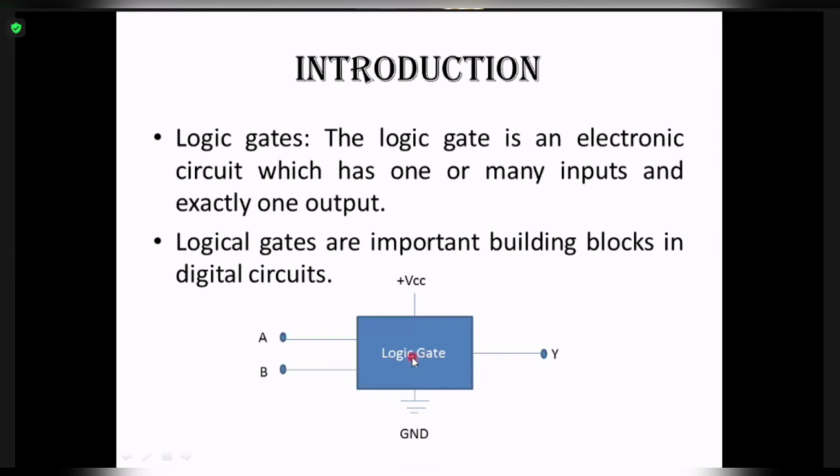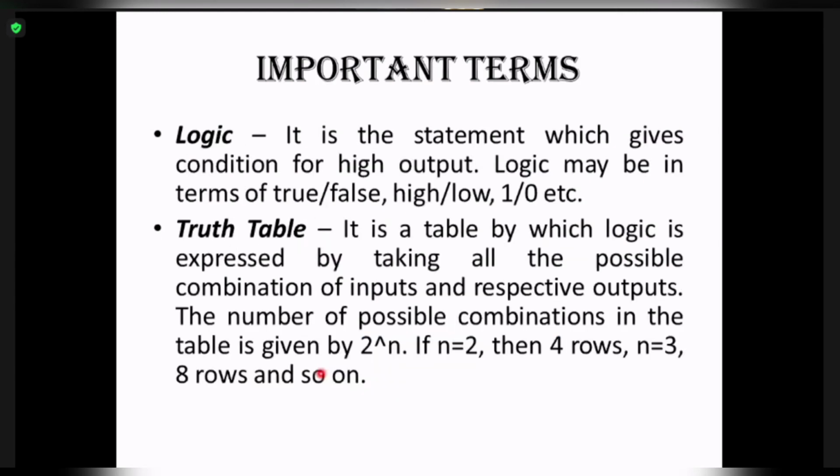So if my logic gate has two inputs, then the total number of combinations in the truth table will be 2 raised to 2, right? Why is it 2 raised to 2? Because the equation is such that if n is the number of inputs, then the total number of combinations in the truth table is equal to 2 raised to n.